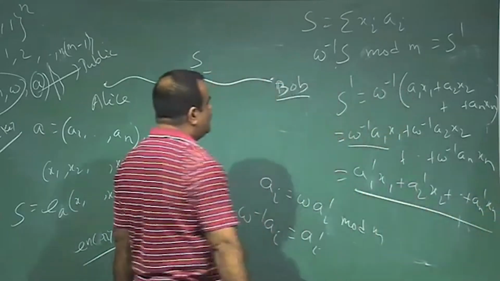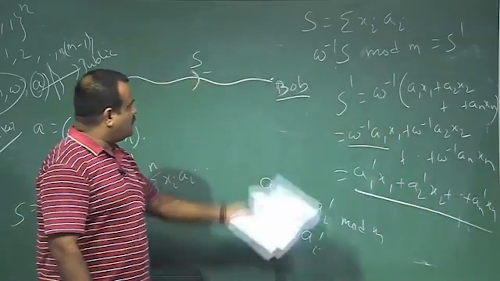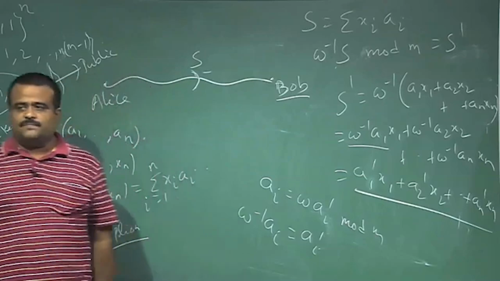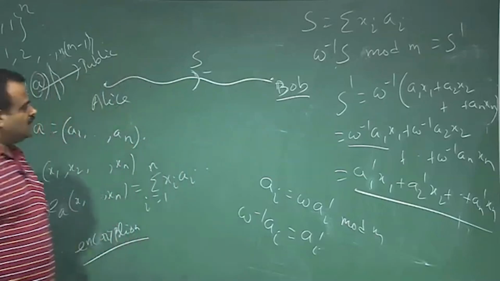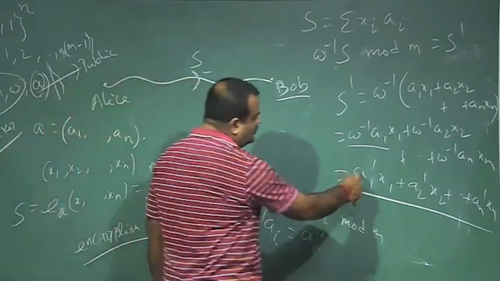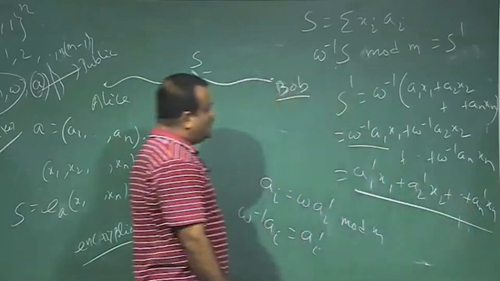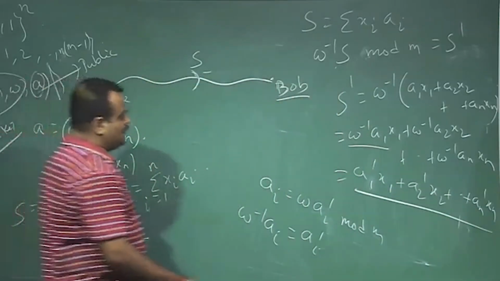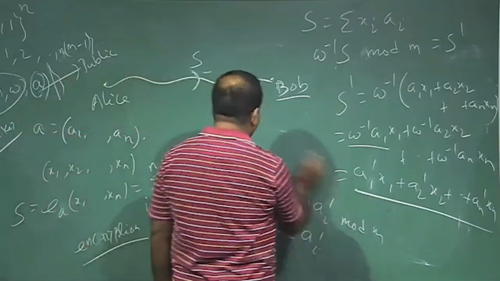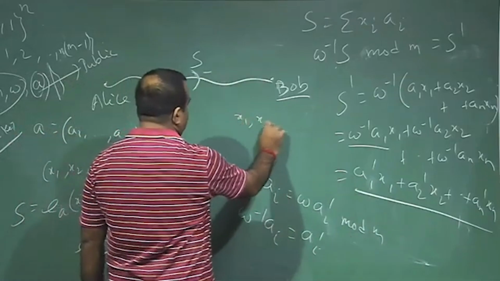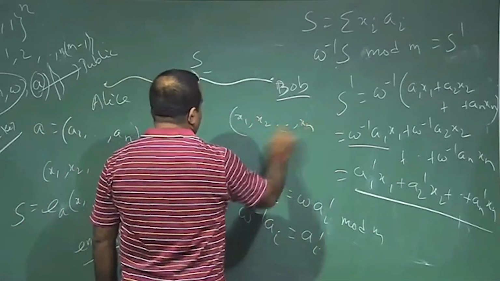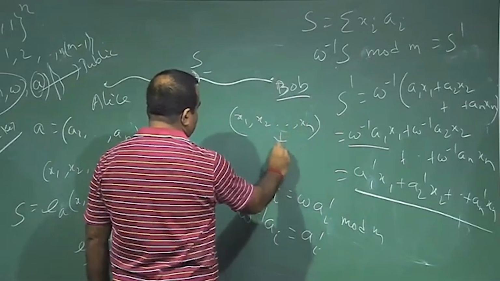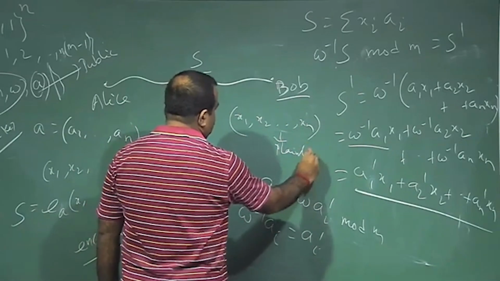Now Bob can apply that polynomial time algorithm, because this sequence is a super increasing sequence. So, Bob will apply that polynomial time algorithm and get back the x_i's, x1 x2 up to xn. So, this is the plain text. This is the decryption process.